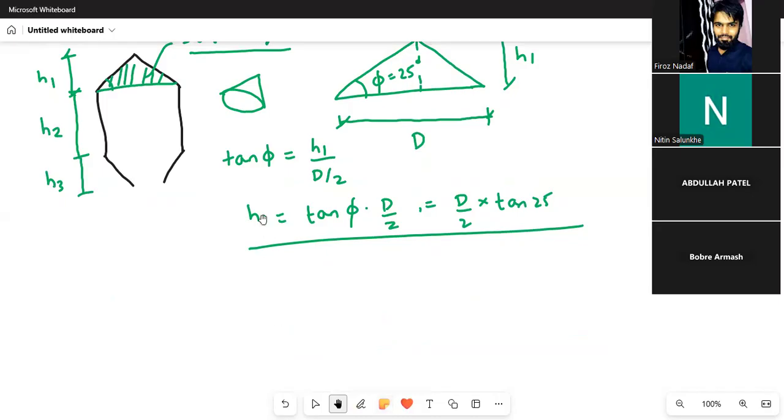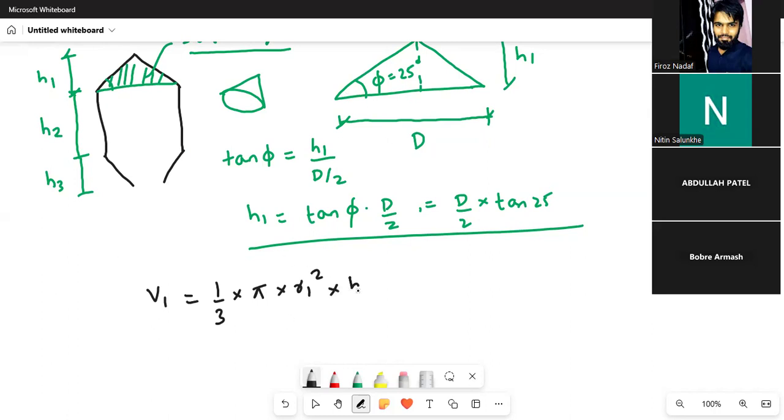So V1 is the volume of surcharge. Volume of surcharge equal to 1 by 3 into pi into R1 square, radius of the bunker, into H1.